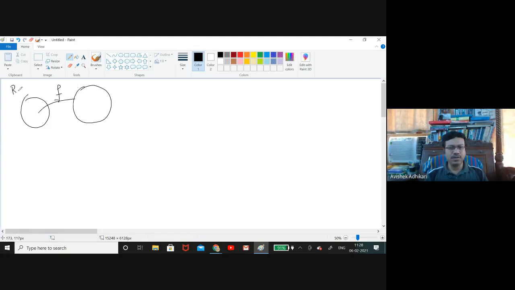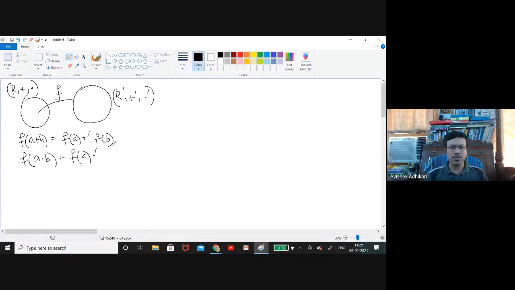For example, if this is R, plus and dot, and this is R dashed, plus dashed and dot dashed, then ring homomorphism means it satisfies properties like f of a plus b should be equal to f a plus dashed f b, and f of a dot b should be f a dot dashed f b, for all a, b belonging to R. If so, it basically preserves the operations plus and dot.